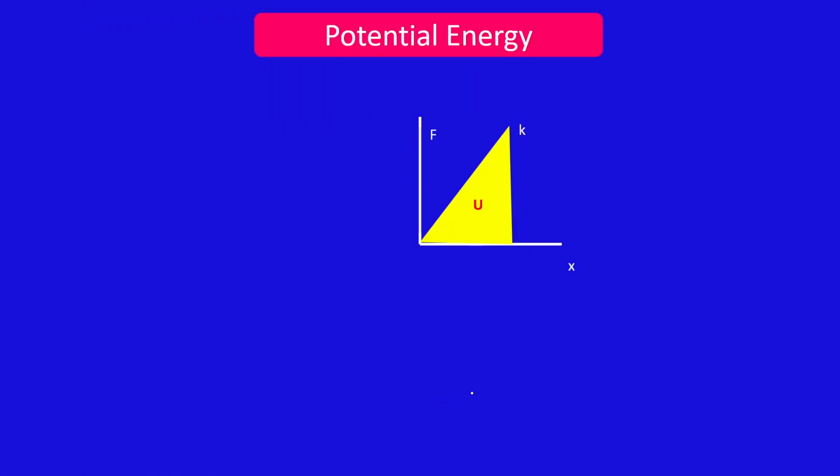Potential energy stored in a spring. Let us consider a spring where we are applying force F. Whenever you apply a force, there is a displacement x. This is the relation between displacement and force. Potential energy is nothing but the area of this triangle. So how do you find the area of a triangle? Half base into height. Potential energy U equals half, area of triangle, half into height value force, breadth value x.